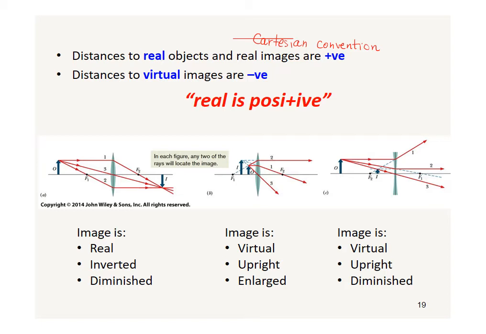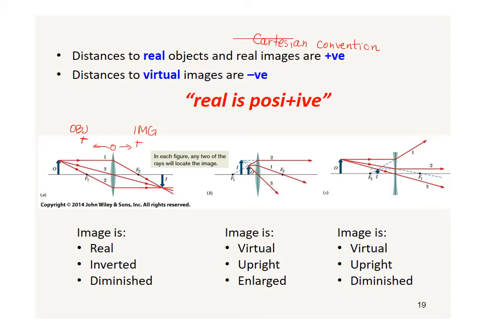But the way that we're working is that on one side we have object space and on the other we have image space. And so you can see that we have an origin at the vertex, and it is positive in that direction for objects, and it is positive in that direction for images.